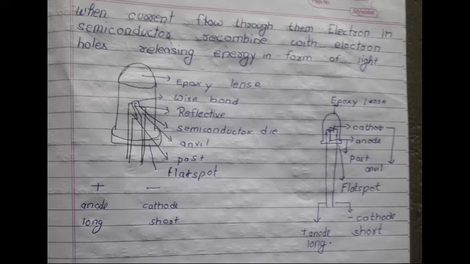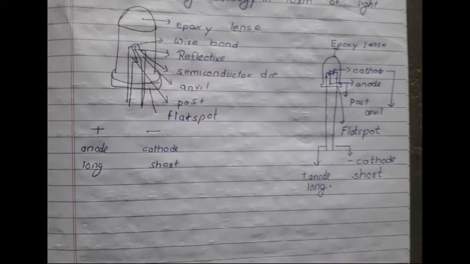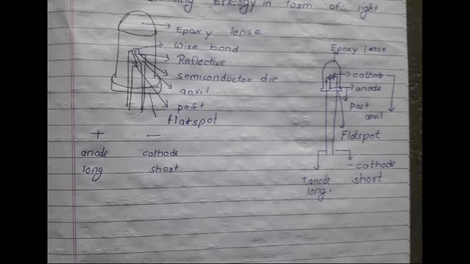An LED bulb consists of an epoxy lens, wire bond, reflective cavity, semiconductor die, and anvil post with a flat spot. The anode is long and the cathode is short, as you can see here. The right side structure is the common LED that we see. If we connect the LED to a battery, the LED will glow because the current is flowing, and it shows that current is flowing by glowing.